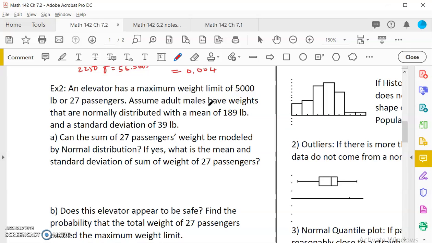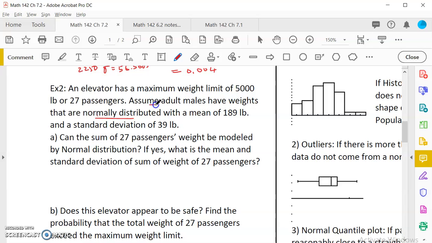Now you allow 27 people to come in. Can the 27 passengers' weight be modeled by a normal distribution? Yes, because here the distribution is normal.